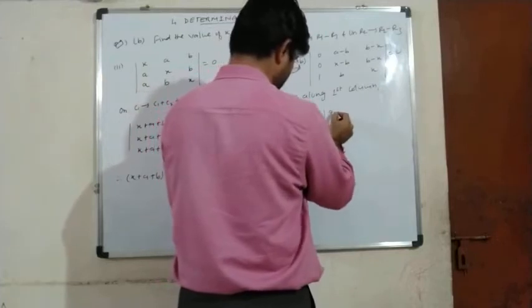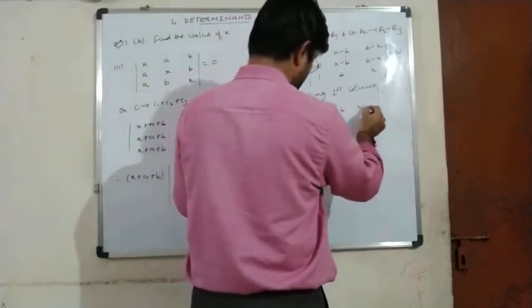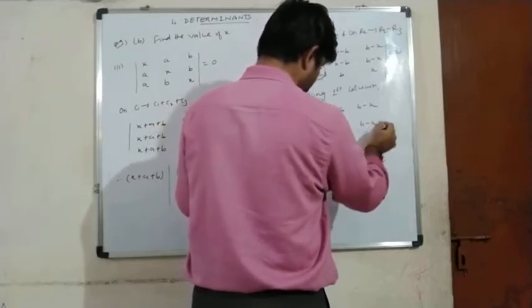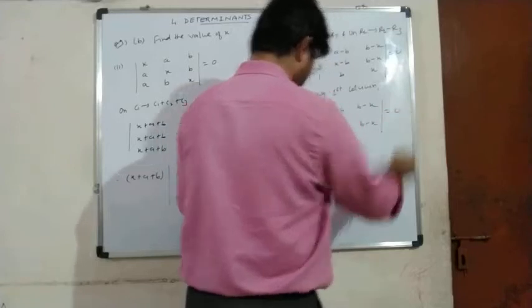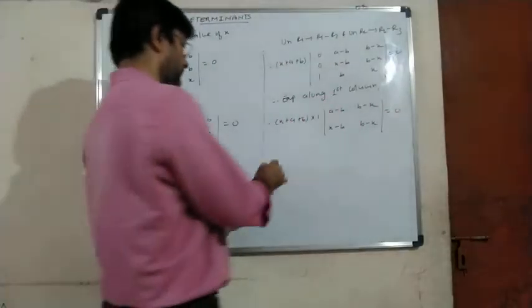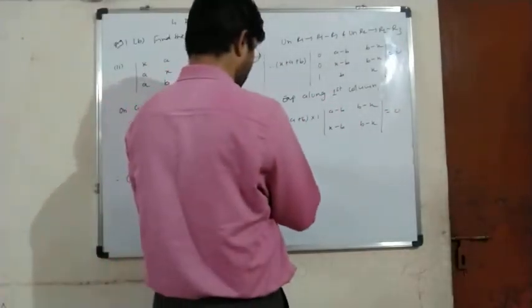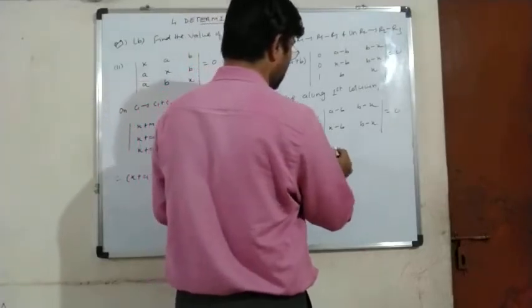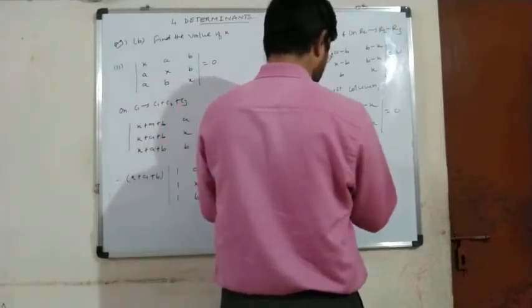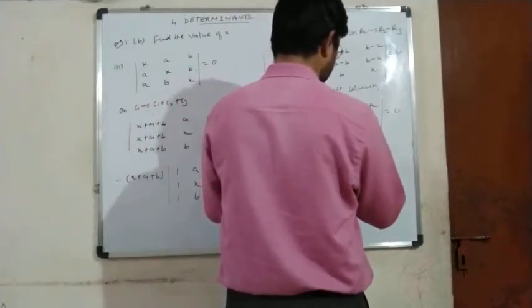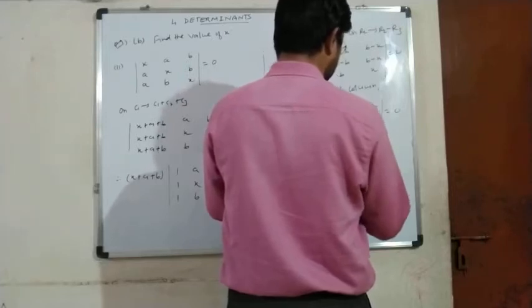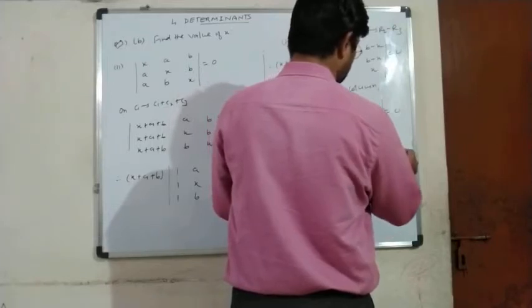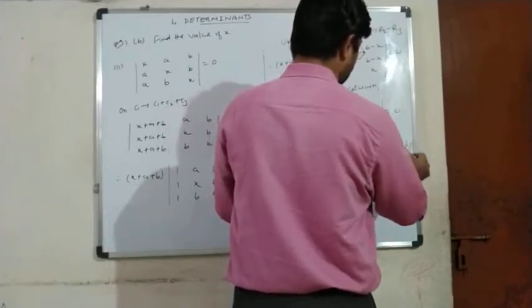The determinant is A minus B, B minus x, x minus B and B minus x equal to 0. Therefore, x plus A plus B into 1 into, we have A minus B into B minus x minus minus plus here b minus x the whole square we will write.